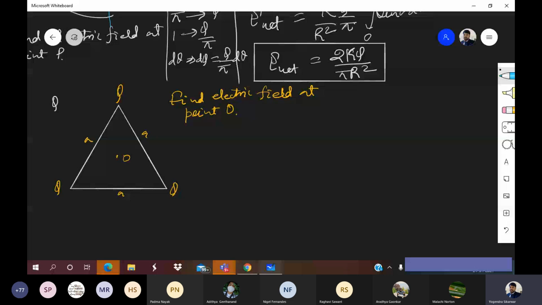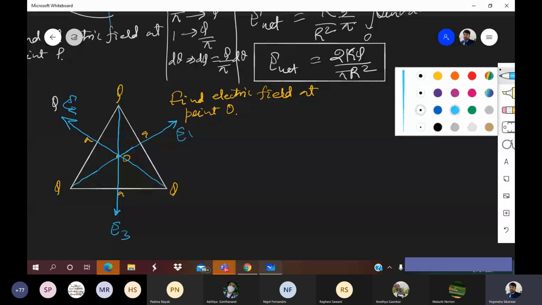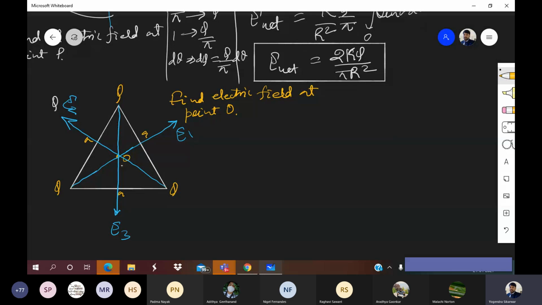See, the electric field due to this, let's say, is E1. The electric field due to this, let's say, is E2. And the electric field due to this, let's say, is E3. Now E1, E2 and E3 are equal in magnitude. The angle between E1 and E3 is 120, the angle between E1 and E2 is also 120, and the angle between E2 and E3 is also 120.